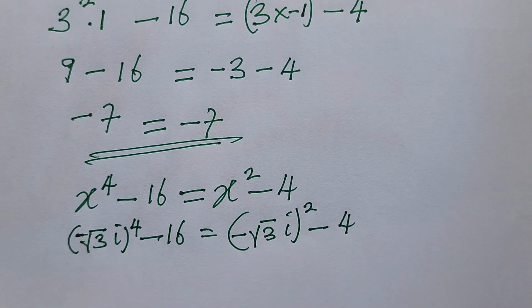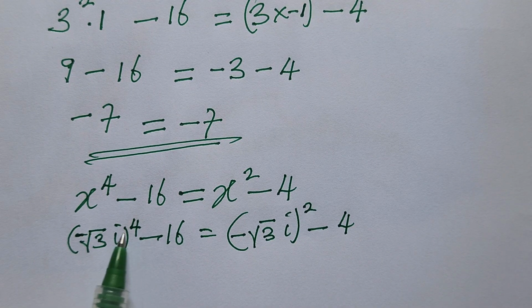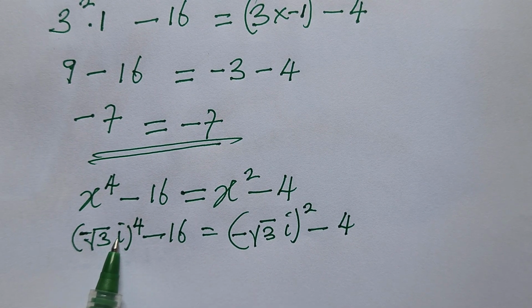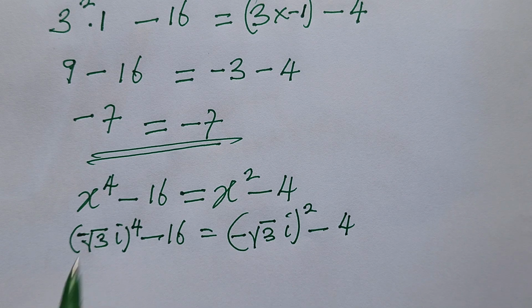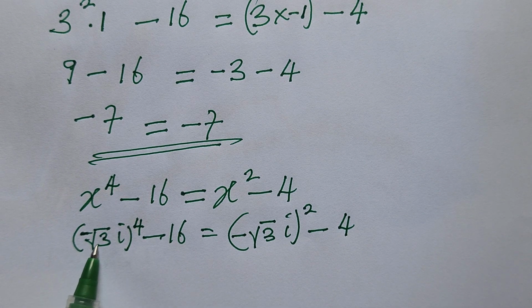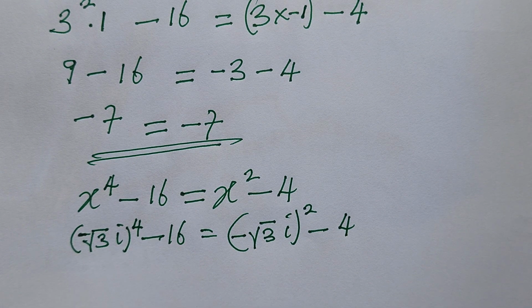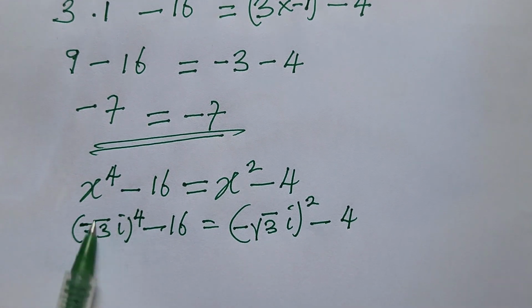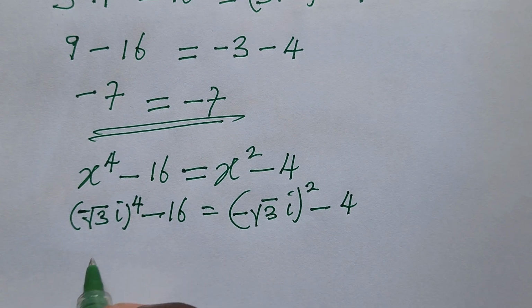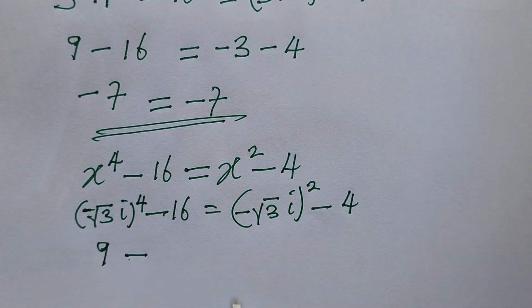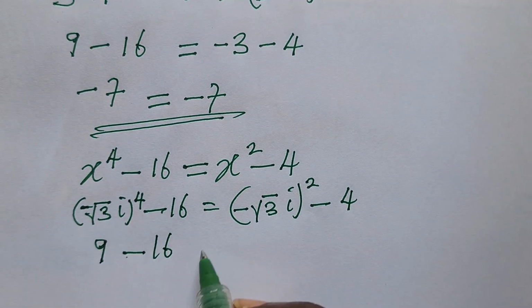So what we do here, we've already established the fact that this one will give us positive 1 and this will give us 9. That is 3 to the power of 2, which is 9. Then minus 1 to the power of 4 will give us positive. So everything here is going to give us 9, then minus 16.